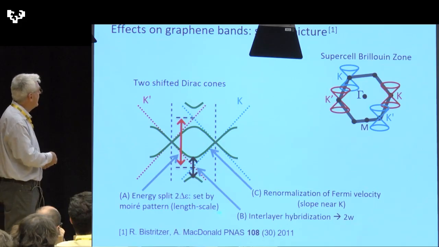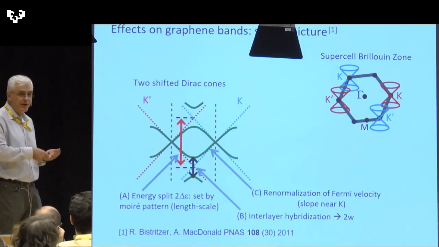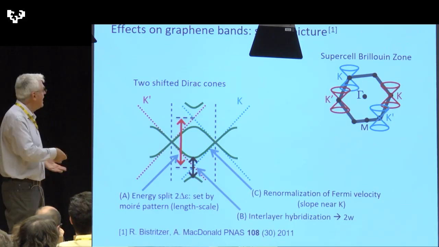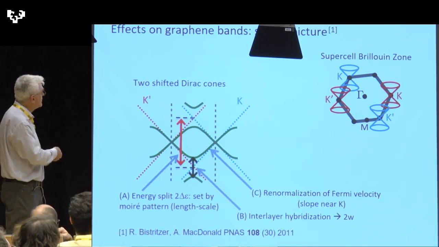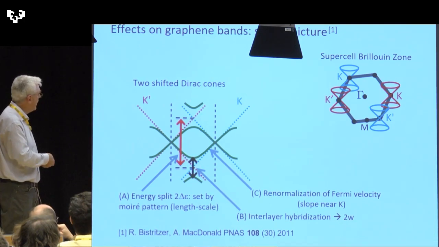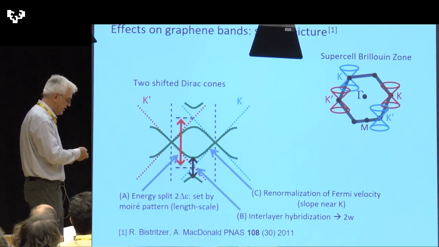But there's another energy scale, which is the interlayer hybridization, how much the layers interact. And that energy scale will determine how much these degenerate points split, both here and here. And it's the interplay of these two energy scales that makes the physics very interesting.